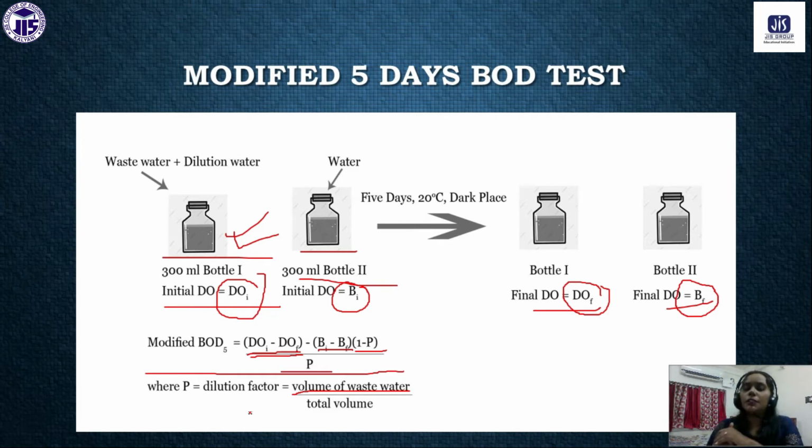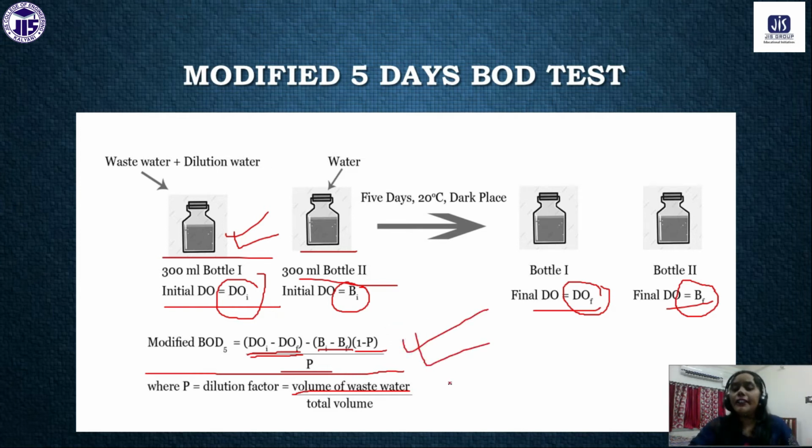One is BOD5 equals DOI minus DOF divided by P. This equation we have got from the previous BOD test. After modification we have got equation number 2.